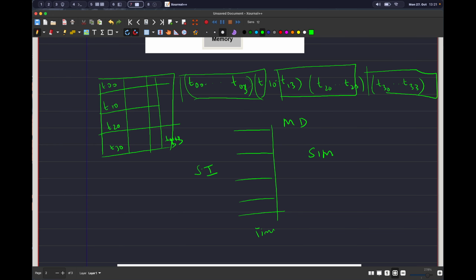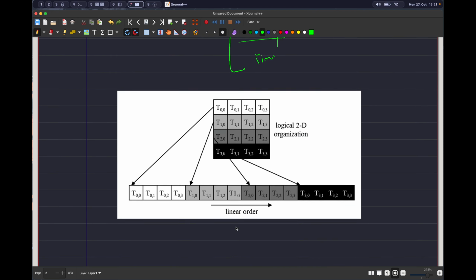So they follow something called SIMD, single instruction multiple data. The SIMD hardware restricts the threads in a warp to execute the same instruction at a particular point in time. This behavior is also called single instruction multiple thread, instead of multiple data. So you have a single instruction, but multiple threads executing that instruction at that moment.